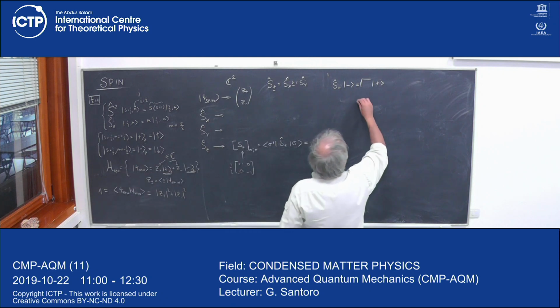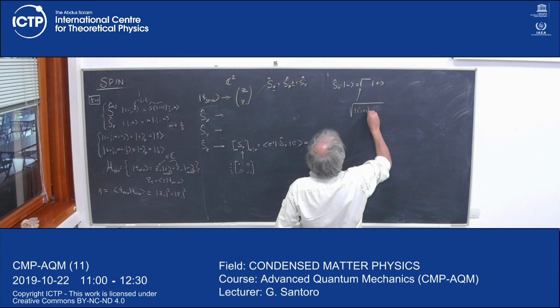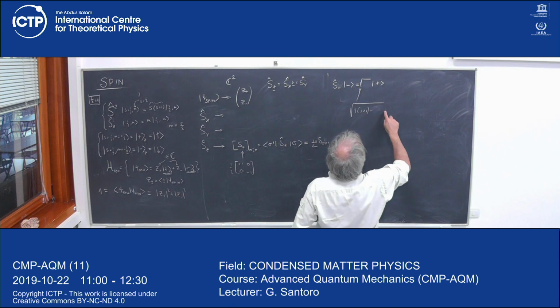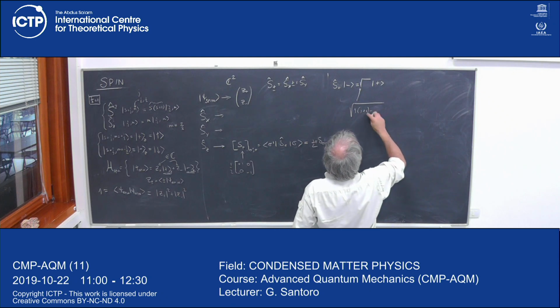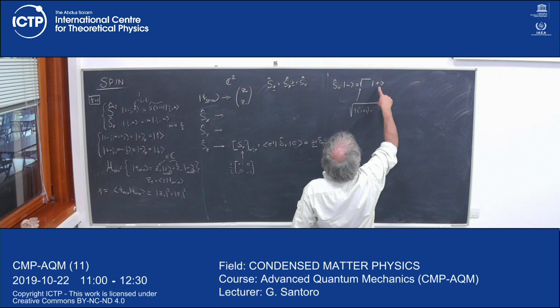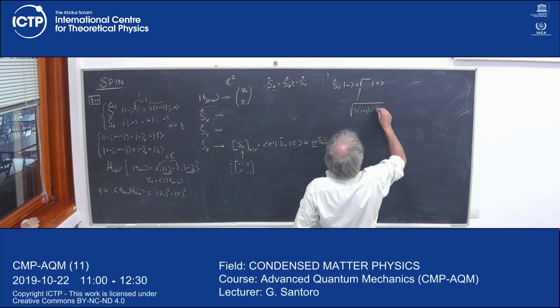The square root factor, the general expression is j plus 1 minus m times j plus m plus 1. m is obviously equal to, this is the lowest state, so m equals minus j.